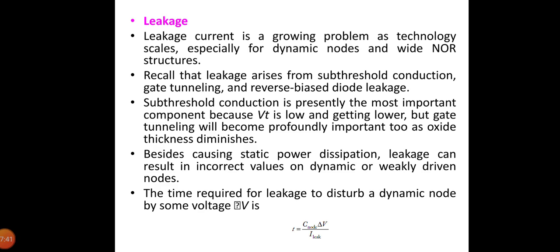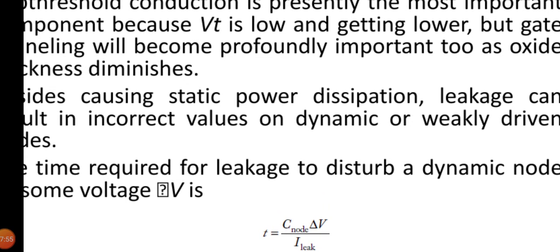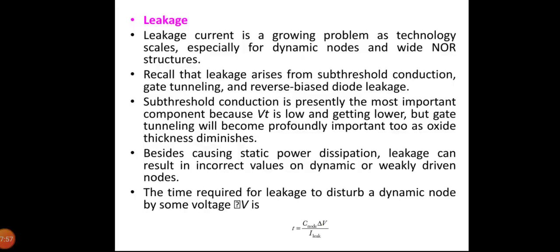Besides causing static power dissipation, the leakage can result in incorrect values on dynamic or weakly driven nodes. The time required for leakage to disturb a dynamic node by some voltage ΔV is given by t equals C node times ΔV divided by I leak.